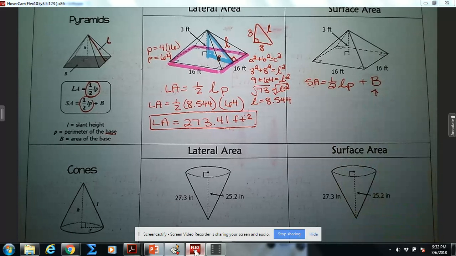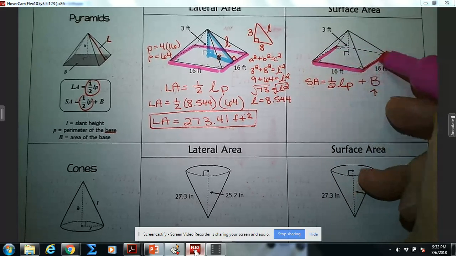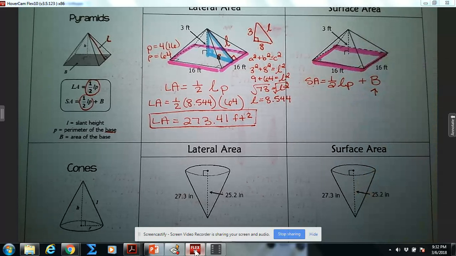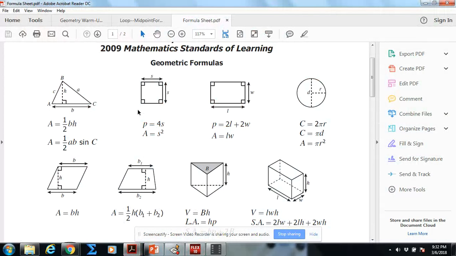Okay, so I'm going to highlight the base again. The base is this square that's 16 by 16. If you look back at your formula sheet, if you have forgotten how to find the area of a square, look back. Here's our square. The area formula for a square is A equals S squared.